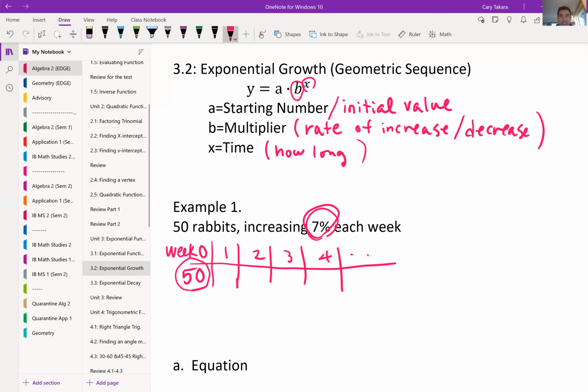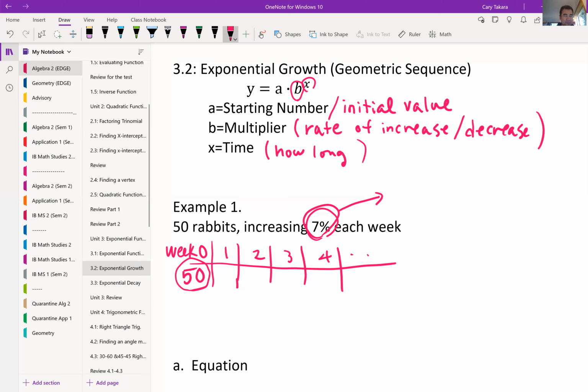To figure out the percentage of something, like 7% of 50 rabbits, you multiply the percentage. But before you multiply, you can't just use 7 because 7 is a percentage. We have to change the percentage into decimal form. What is 7% in decimal form? Does anybody know? 7% in decimal form is 0.07.